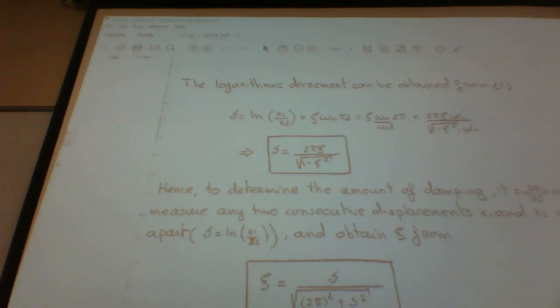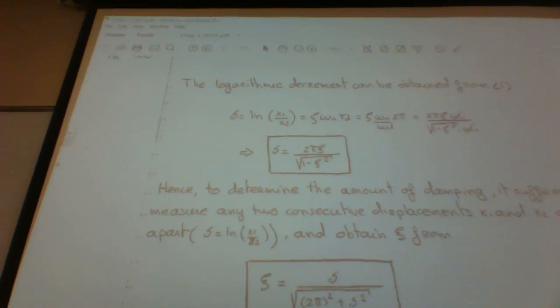So we have delta, we know the ratio, x1 over x2. So 1 over, let's say, 0.4. Okay, so it kind of does it.